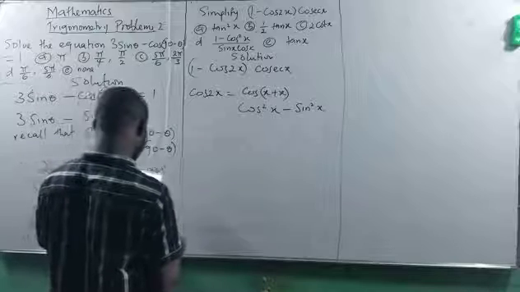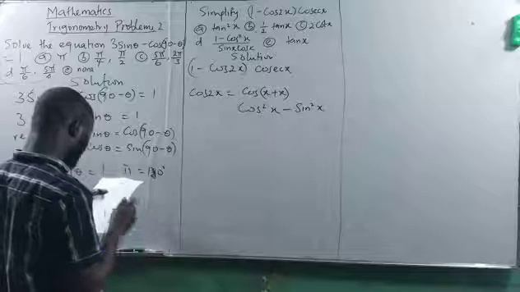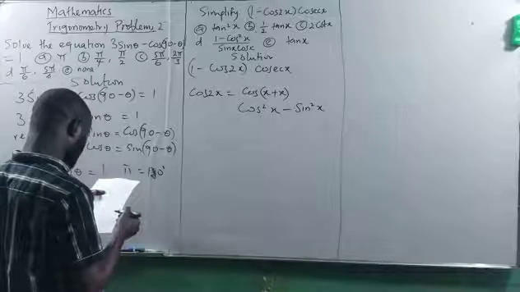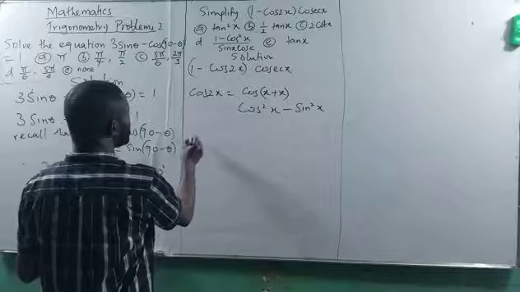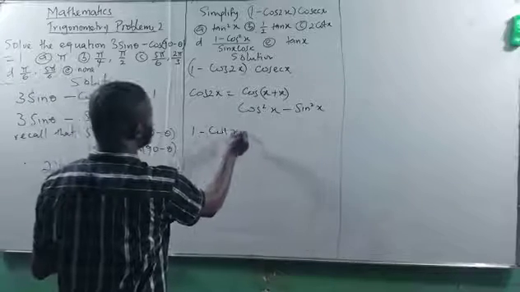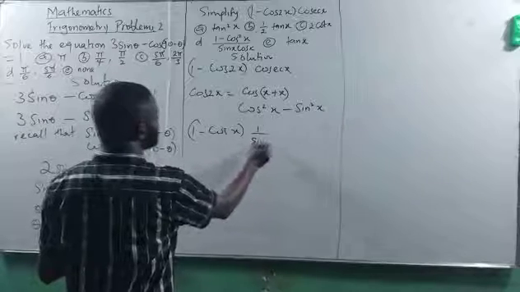Okay, the question is talking about sine, cos, tan. I'm looking at the question so that I'll be able to get it right. Now, I'm talking about 1 minus cos x and 1 all over sine x.